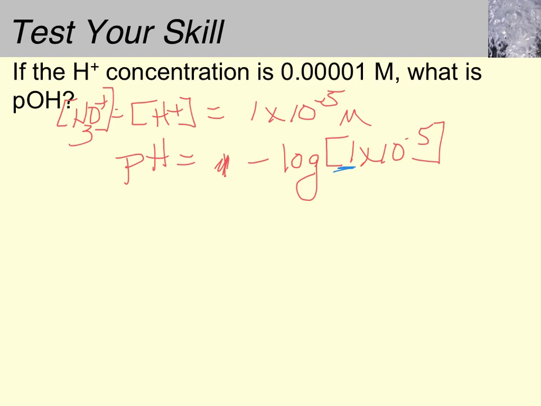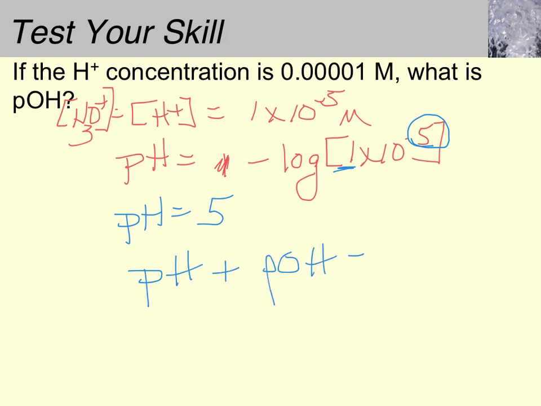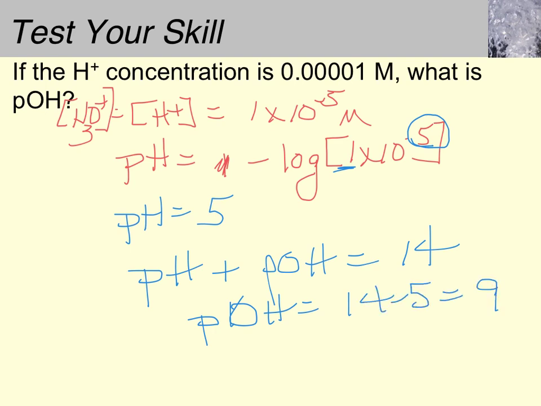I know that I just grab the negative of the exponent. So pH is 5. And I also remember the relationship that pH and pOH, when added together, have to equal 14. So I know that pOH equals 14 minus 5, which is 9. So that's the answer. There's the pOH for this problem.